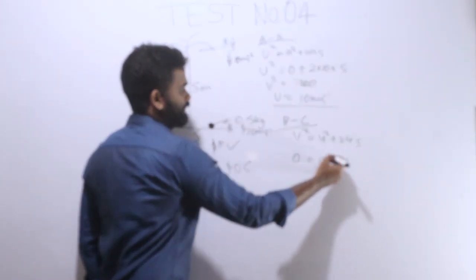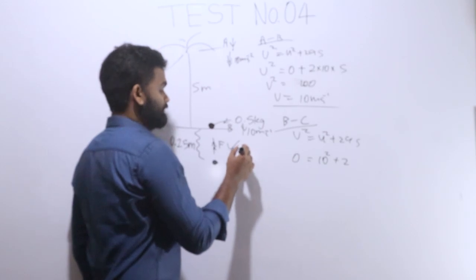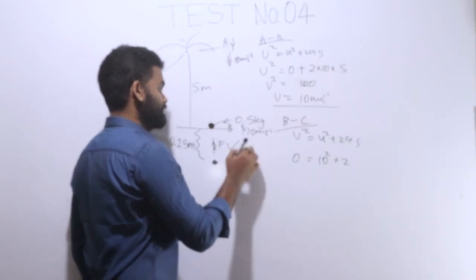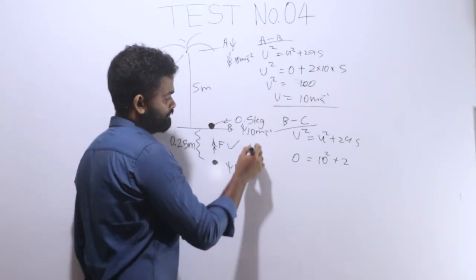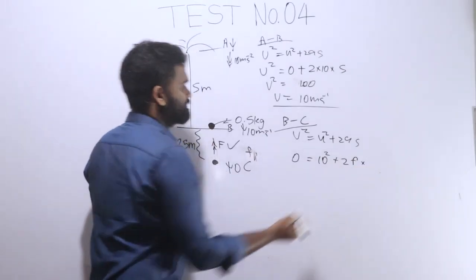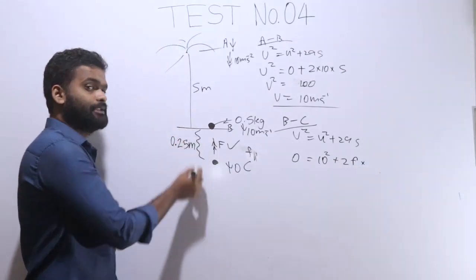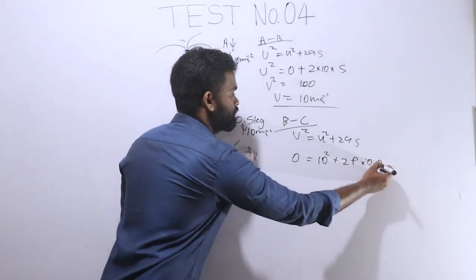So 0 equals 10 squared plus 2 times the deceleration inside the ground, say a, times the distance it moves, which is 0.25 meters. That is the penetrated distance, 0.25.